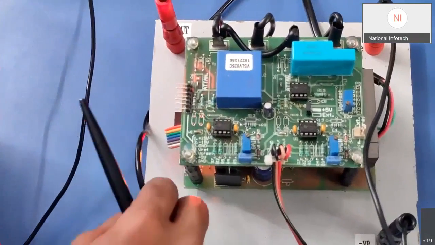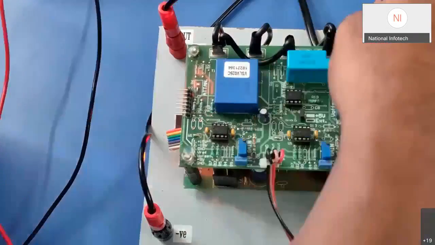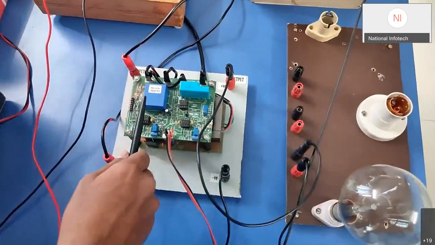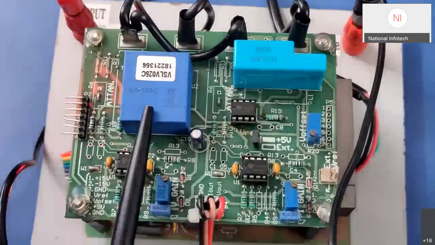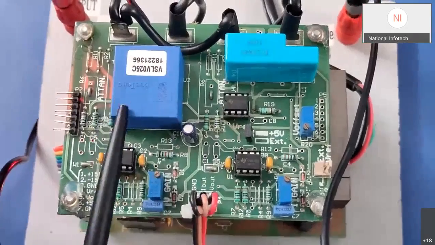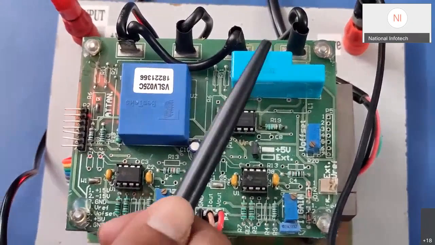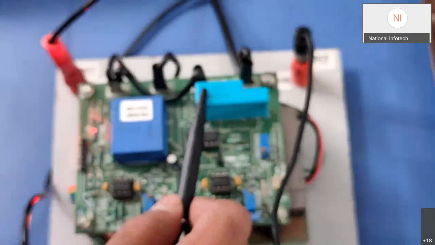To the voltage sensor we are giving the input positive and negative, and from here we are connecting our load. This dark blue one is our Hall effect voltage sensor card, and this sky blue color is a Hall effect current sensor. The voltage sensor should be connected in parallel, and the current sensor is connected in series.